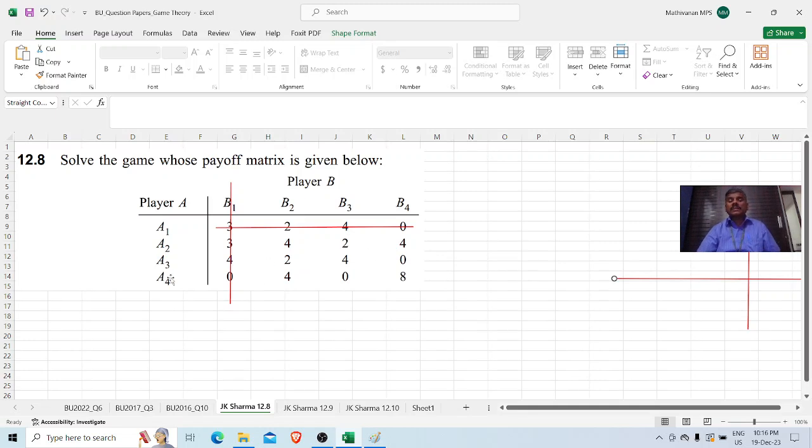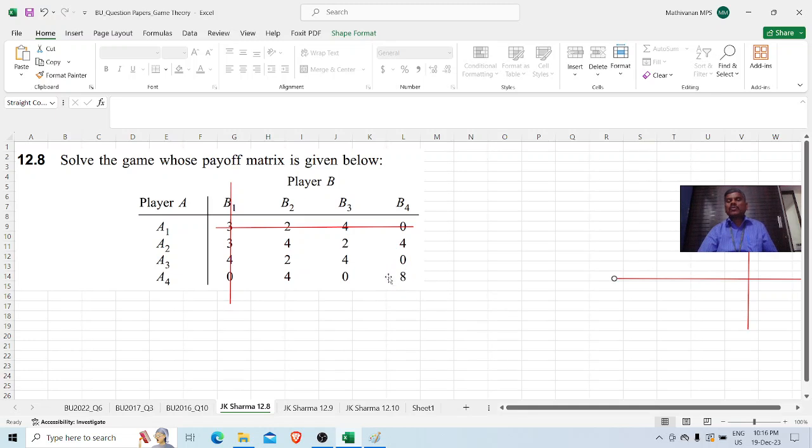Next, we will compare strategy A4 with A2. 4, 4, same gain. Here A2 results in a gain of 2 points, A4 0 points. That means A2 is a better strategy. Here when player B uses the fourth strategy, for A2 the gain is 4 points, for A4 the gain is 8 points.